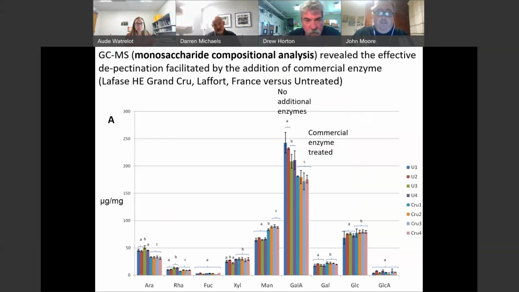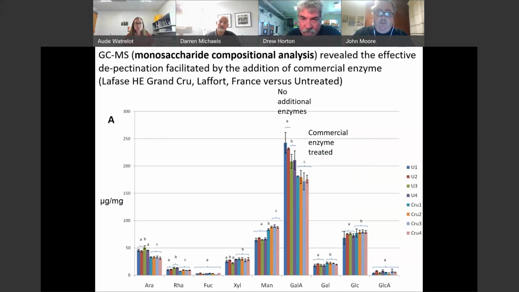So if we look at the monosaccharide data for the major sugars in the cell wall, we showed that looking at galacturonic acid, which is a very good indicator because that's the main sugar of pectin, if you had no enzymes, you had higher levels of galacturonic acid in your pomace material.